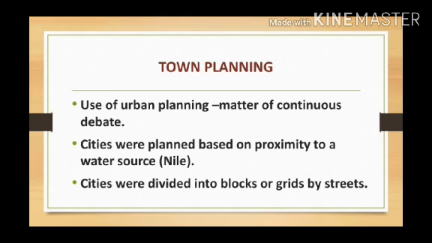First, we should know that by the term planned city, it means a city or a town which is strategically planned, which has highly developed roadways with high connectivity, and planned markets and residential hubs. Cities were planned based on proximity to a water source.